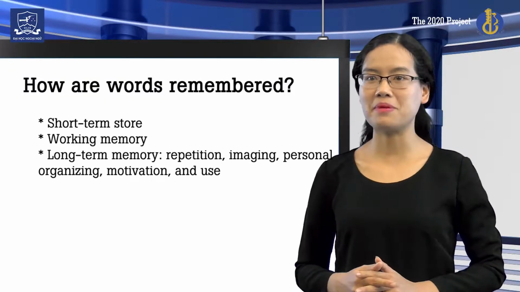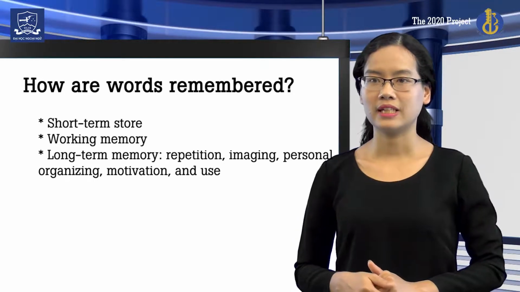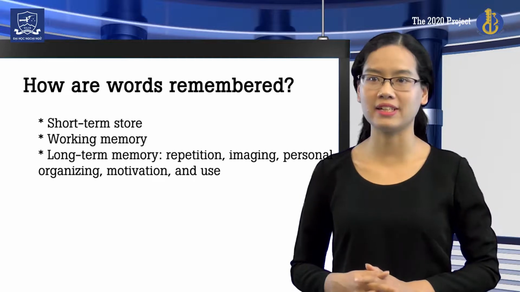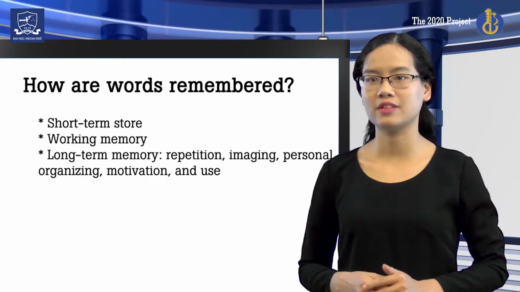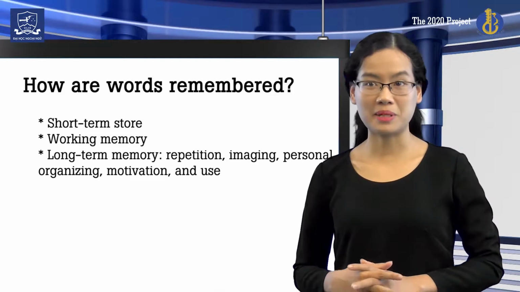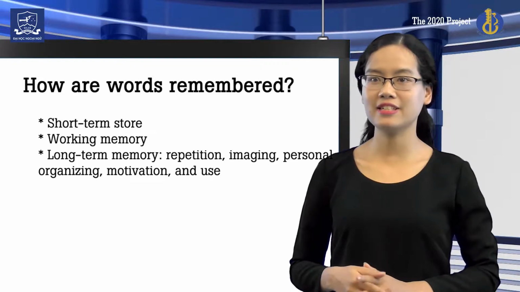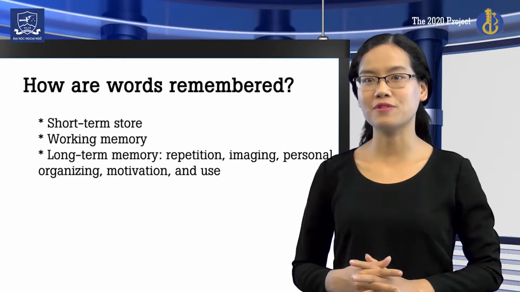Long-term memory can be thought of as a kind of filing system. In order to move words into permanent long-term memory, a number of principles need to be observed. For example, repetition, imaging, personal organizing, motivation, and use. That means the students have to use the word.